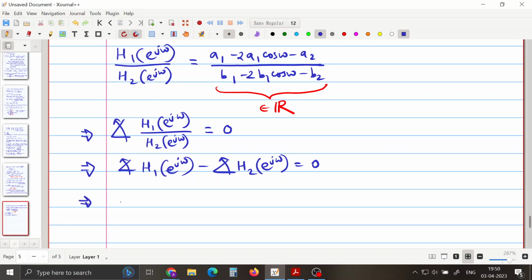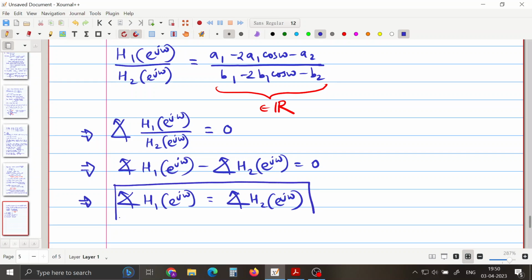Finally we can write that phase of h1 is equal to phase of h2. That's it. This is all we needed to check.